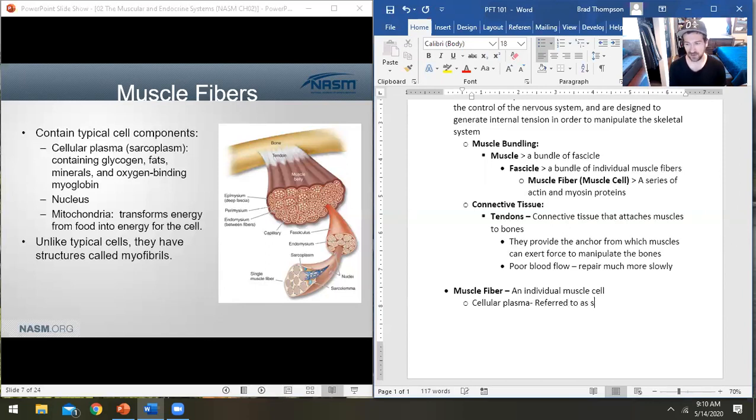Referred to as sarcoplasm whenever in muscle cells. Actually, that deserves parentheses. So referred to as sarcoplasm in your actual muscle cells. It is a liquid.